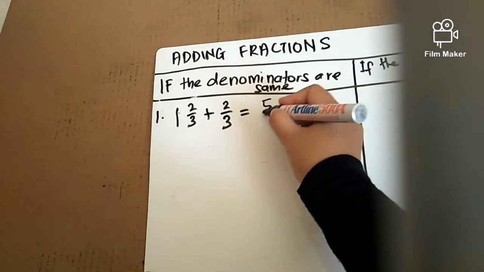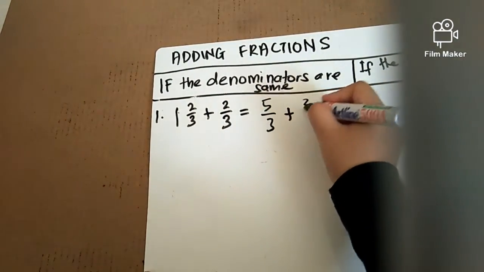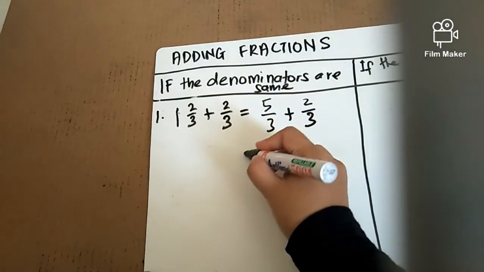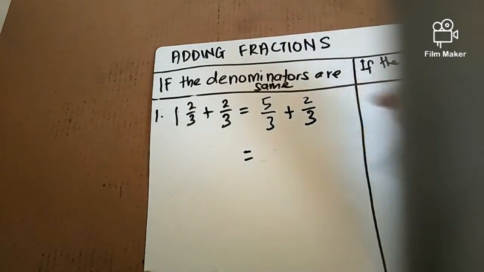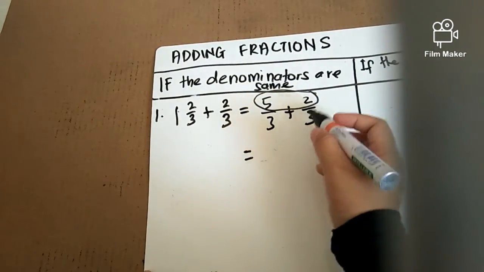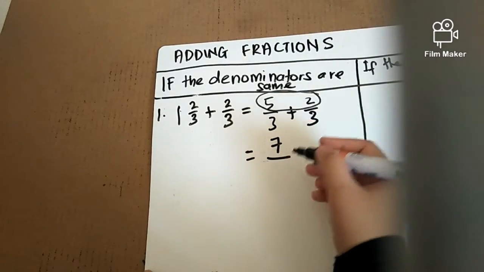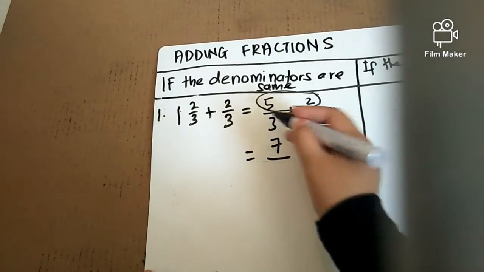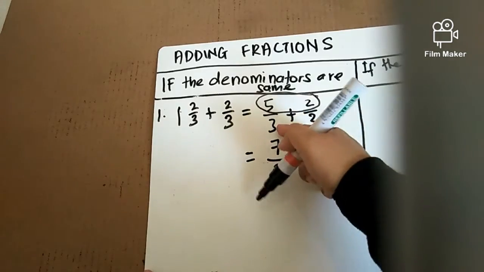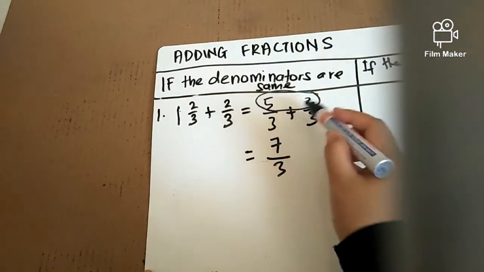So 5 over 3 plus 2 over 3. For this one, you just plus the upper numbers. 5 plus 2 equals 7. For denominators, you don't have to plus. You just take the original number, 3. You don't plus 3 plus 3, 6. No. You only plus the upper numbers.